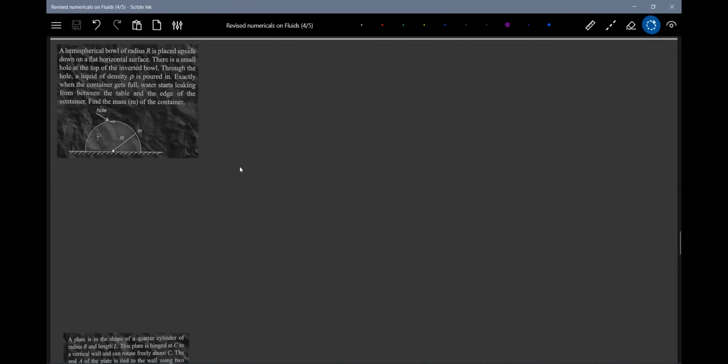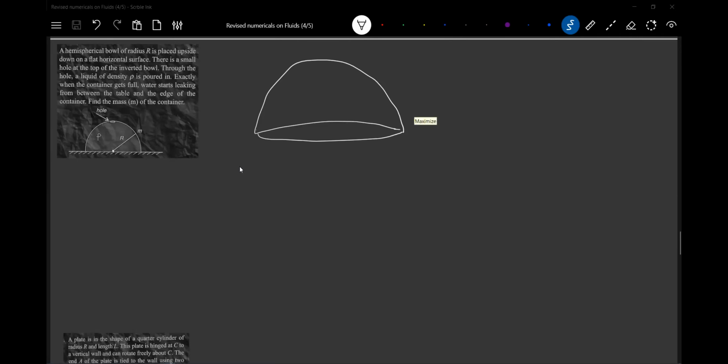A spherical ball of radius r is placed... think further.